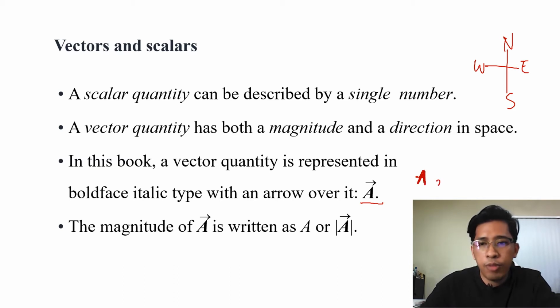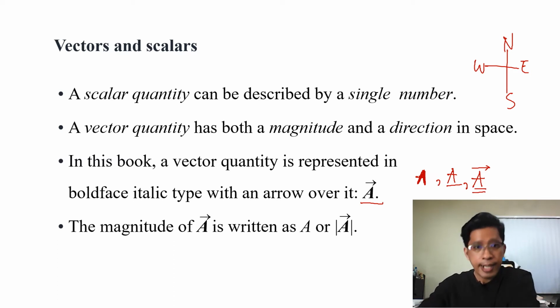I've also seen books wherein you have your letter and then a line below. So when you see something like this, you have your vector quantity. But here in our class, we're going to simply use a capital letter with an arrow on top. Those are our symbols for vectors, and we are going to use this symbol for our class.